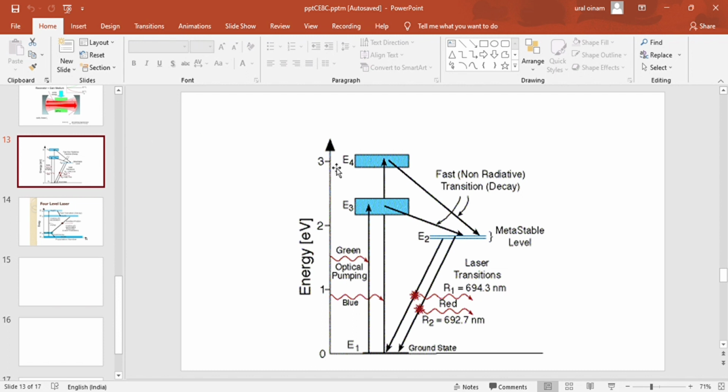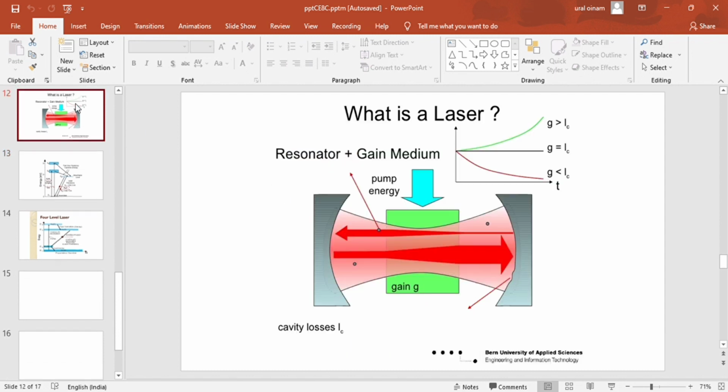If we look at the first diagram, in the gain medium all of this cascading photon release will be happening, and along with that, the photon that goes out of the gain medium gets reflected back towards the gain medium by the mirror.